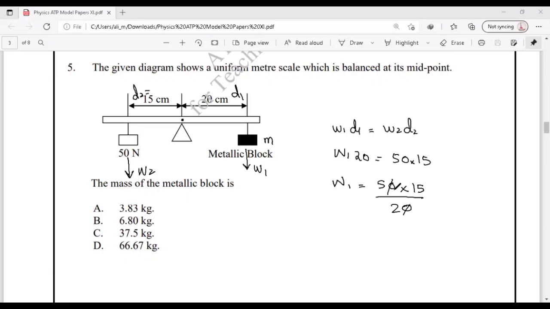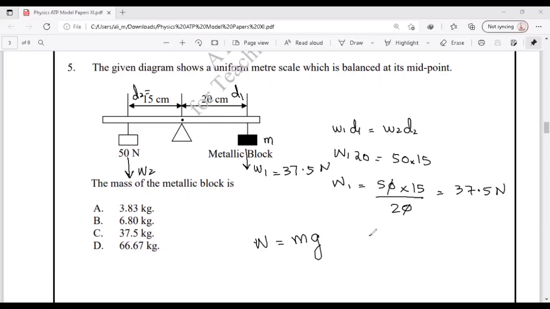So 5 multiplied by 15, 5 into 15 is 75, and divided by 2 is 37.5. So the weight of this block is 37.5 newtons.